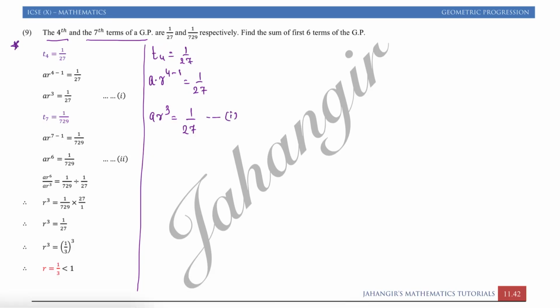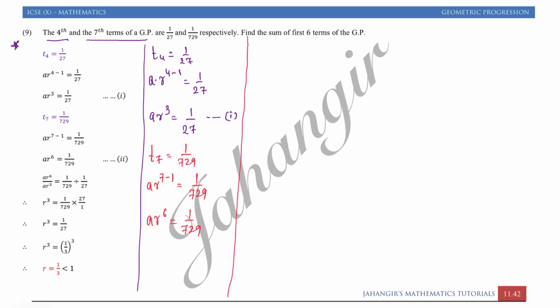Now in the next part, T7 is given as 1 upon 729. T7 you can write as A into R raised to 7 minus 1 is equal to 1 upon 729. This will become A R raised to 6 is equal to 1 upon 729.